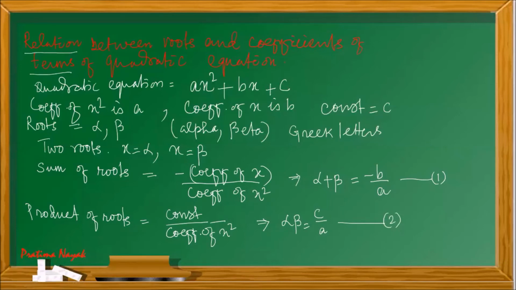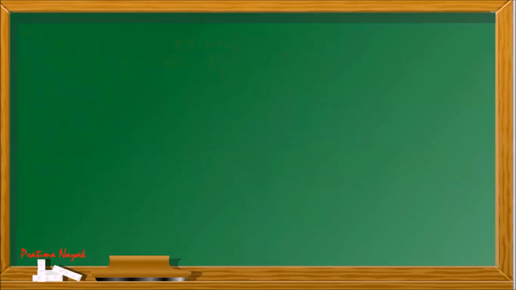So we'll take an example and verify this relation. Let us take an example: 3x square plus 7x plus 2 is equal to 0. This is the quadratic equation.